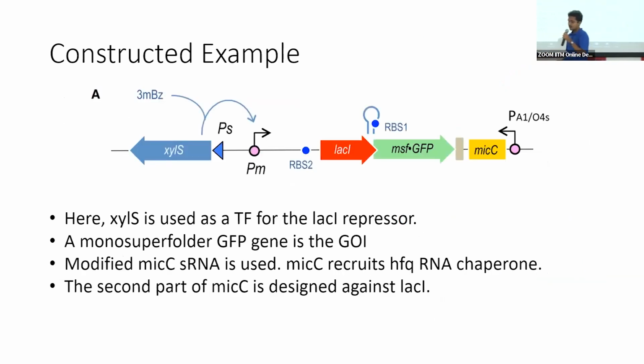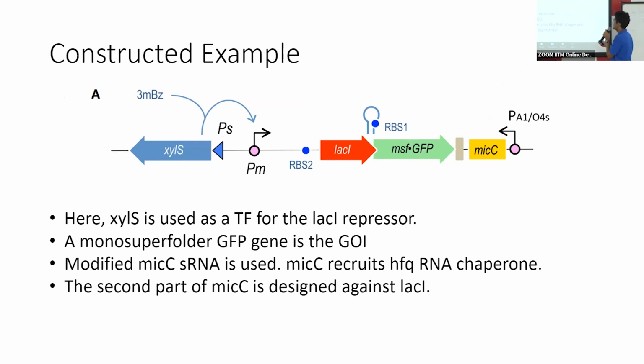Moving on. So we now have an example that was constructed. Here the XylS was used as a transcription factor for the LacI repressor produced, and the LacI repressor is translationally coupled to a GFP to quantitatively measure the repression.